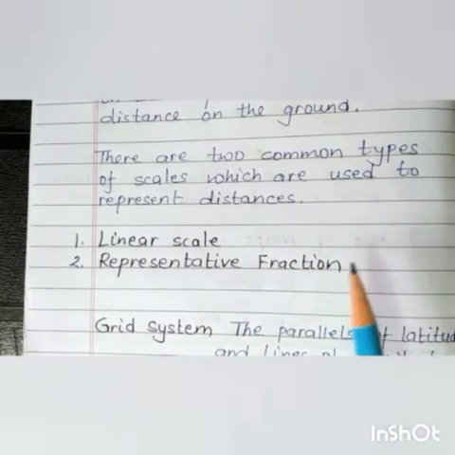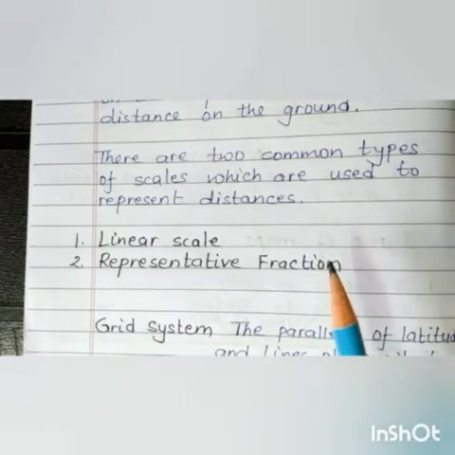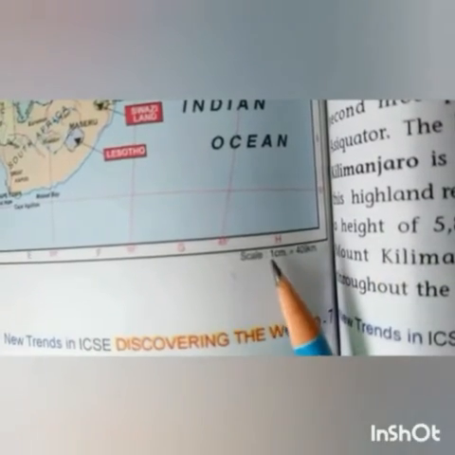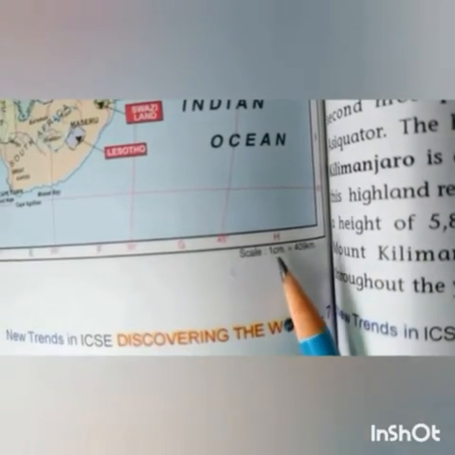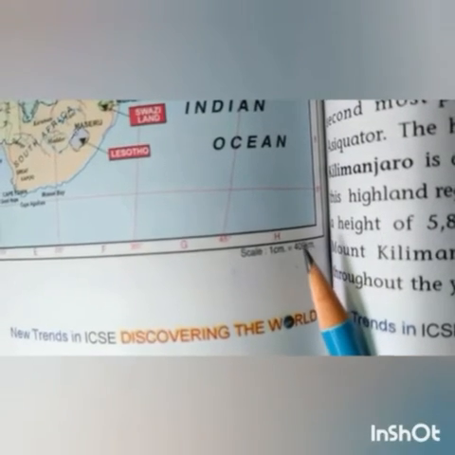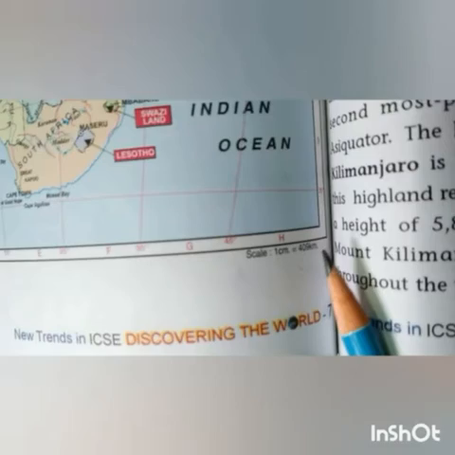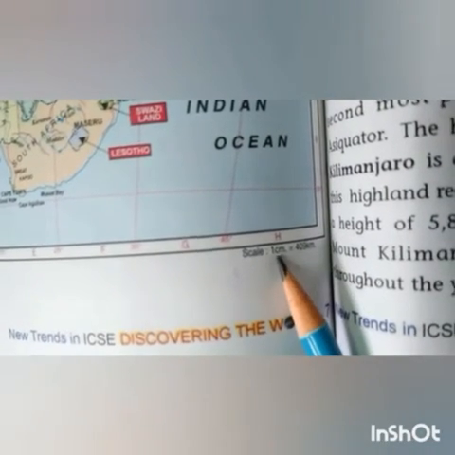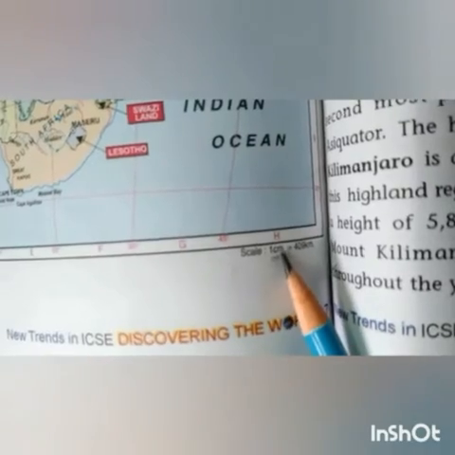It is usually written on a map as 1 centimeter to 10 kilometer. Like in this map scale, 1 centimeter is equal to 409 kilometer. It means 409 kilometer is the distance on the ground, while 1 centimeter is the distance on the map.